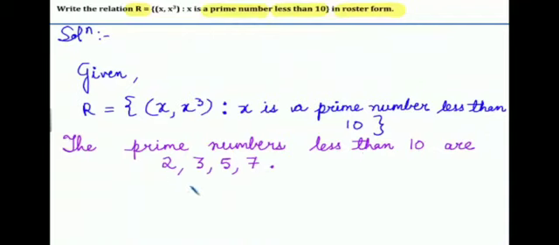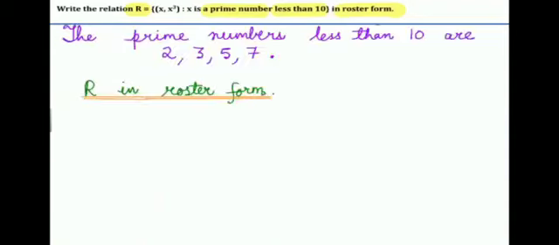So the relation in roster form is: if we take 2, then y is 2 cube, that is 8. So the first pair is (2, 8). Second pair is 3 and 3 cube is 27.